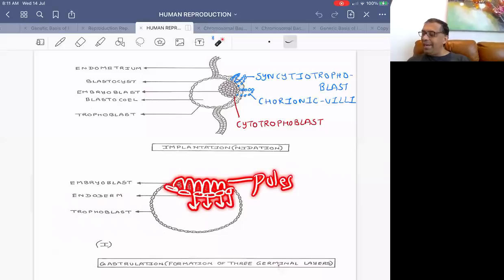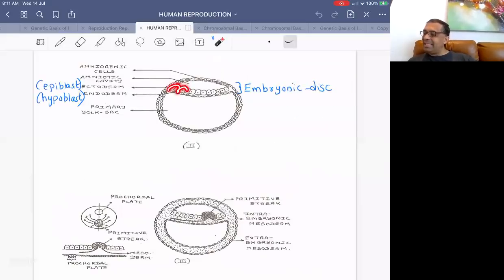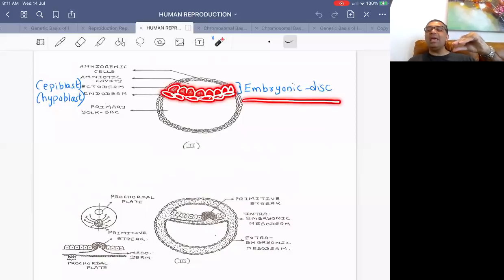As the ectoderm and endoderm cells sink, they form a disc, and that disc is called the embryonic disc.